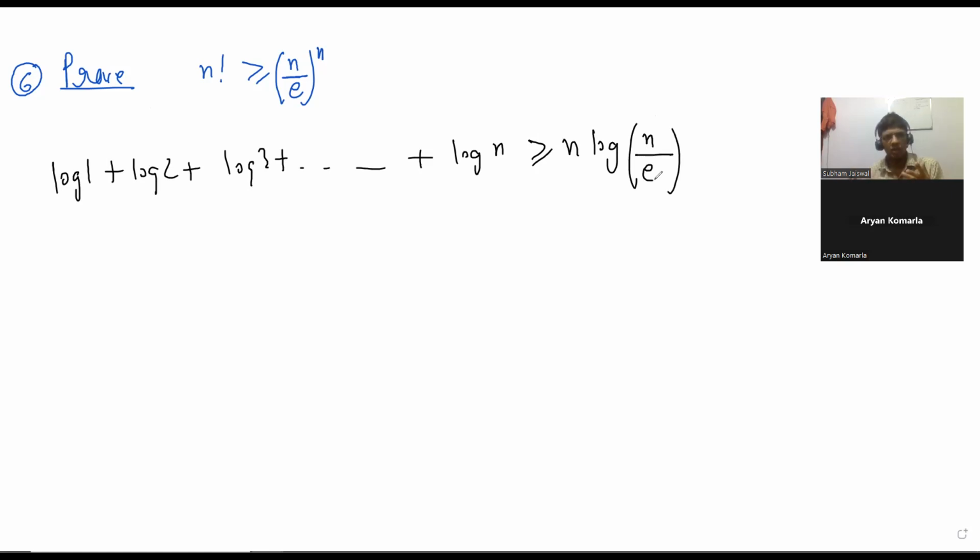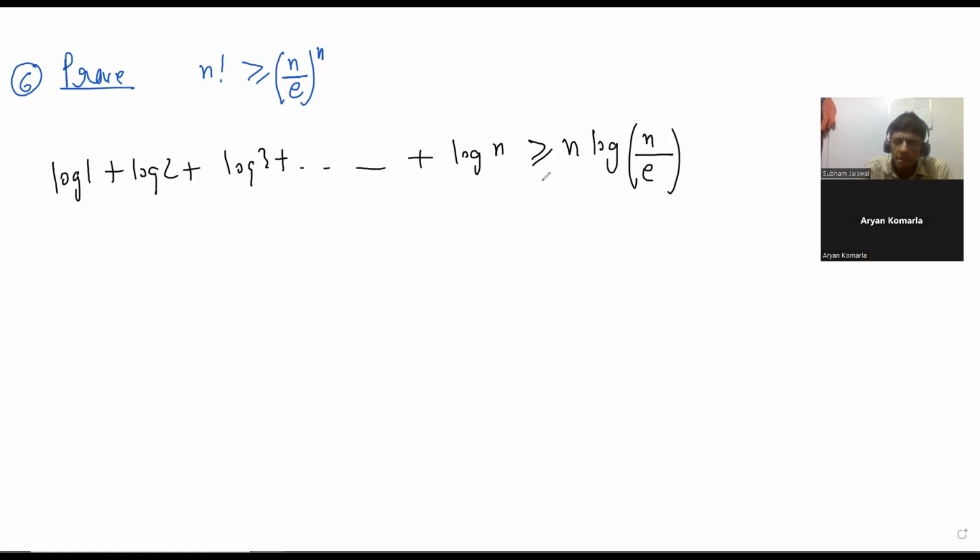This is a product, but it's easily convertible to summation because of the log. So if you take the log of the right hand side, you'll get n log n by e, which is log n minus log e.